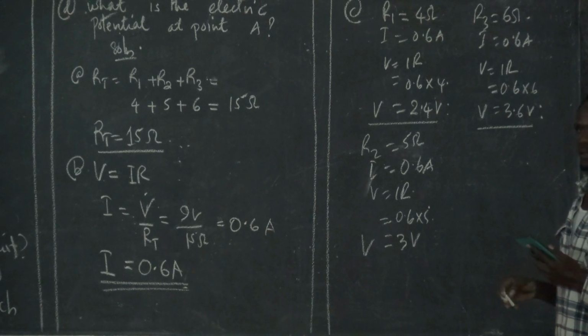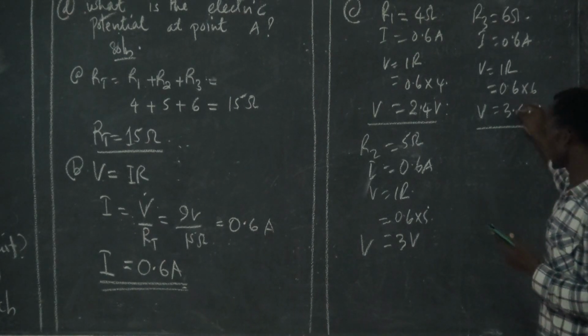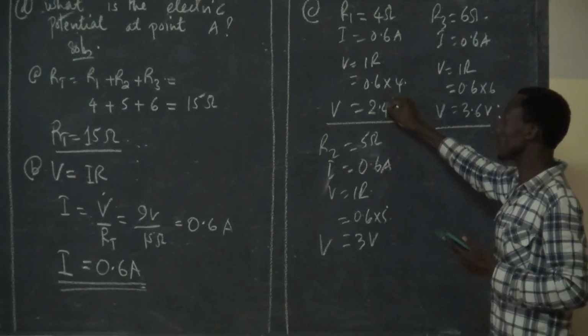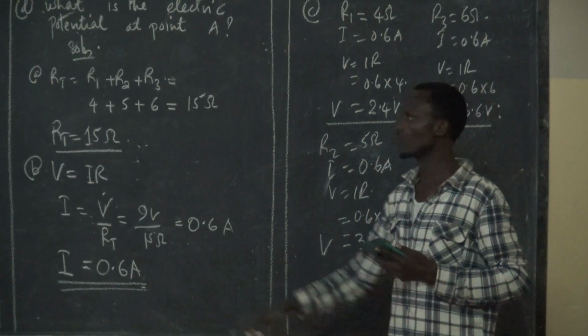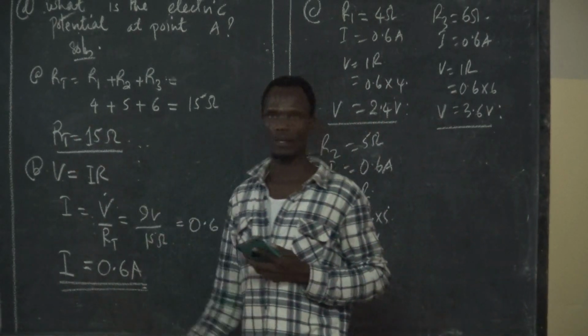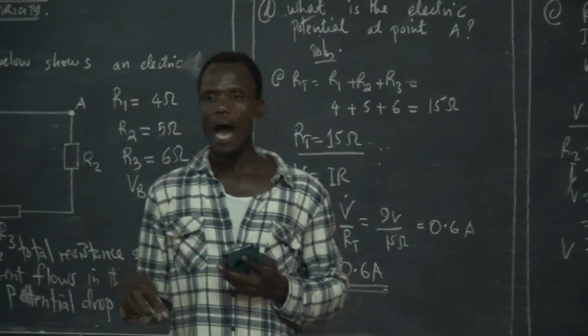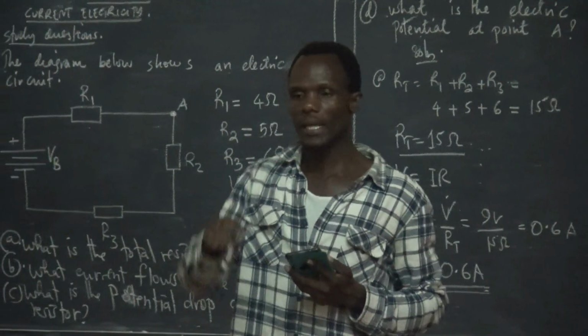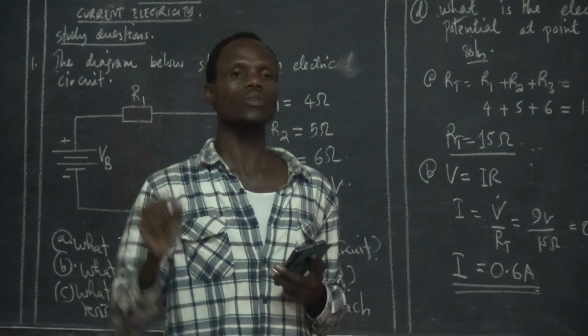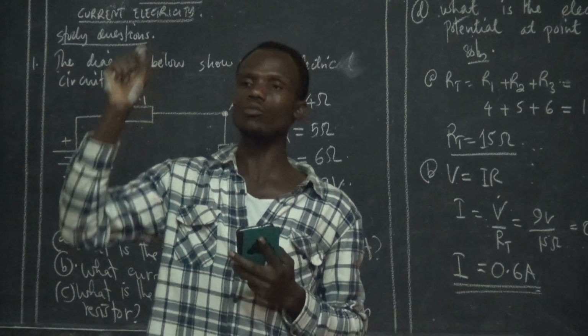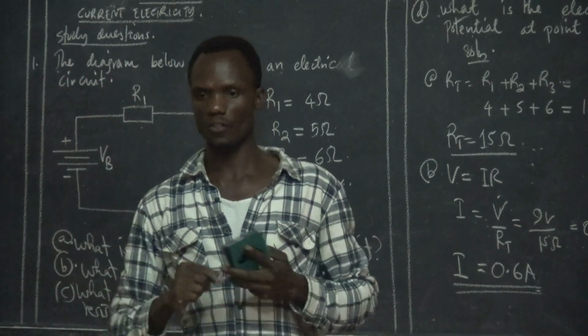What is interesting is that if you take this one plus this one plus this one, the answer is equal to the voltage across the battery. That's why we say the sum of the voltages around the circuit must be equal to the voltage across the battery.